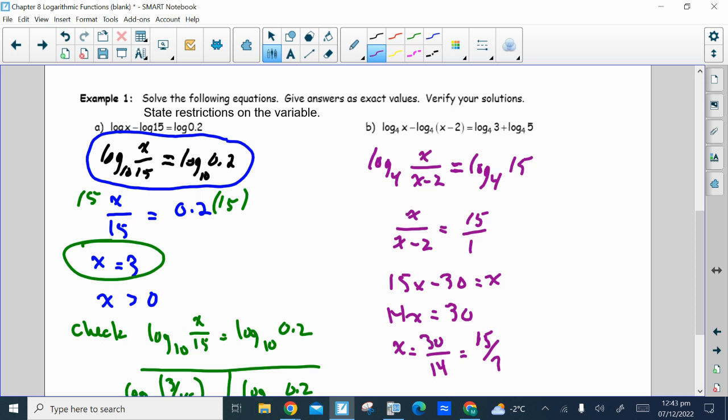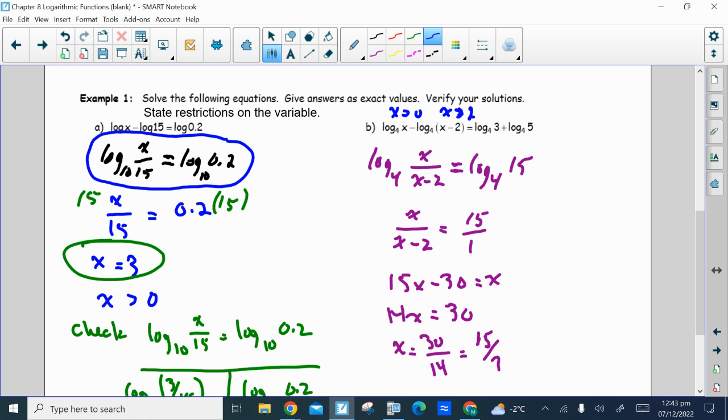Now, what about our restrictions? If we look at the original equation, we have two places where we have the log of something involving x. The first one being log base 4 of x. So for that part, x must be greater than 0. But for the second part, where x minus 2 is the argument, there x has to be greater than 2.